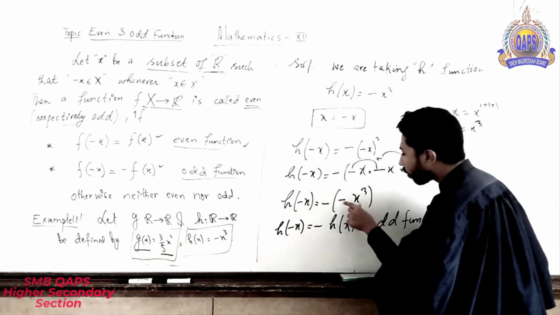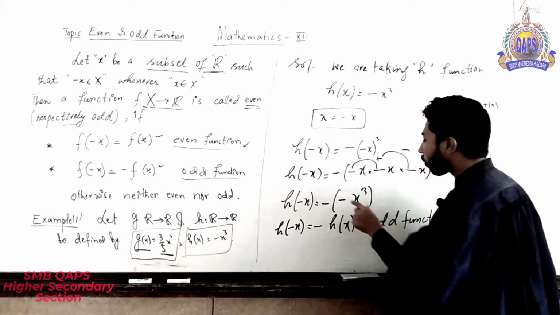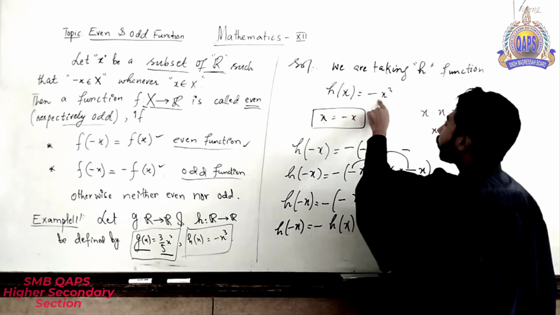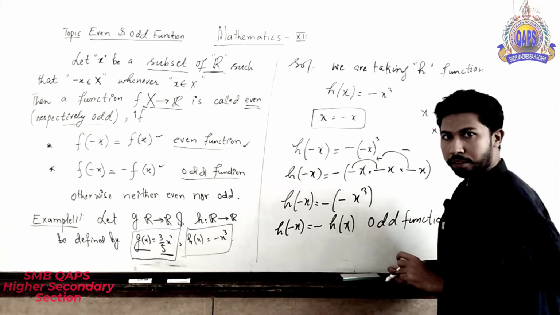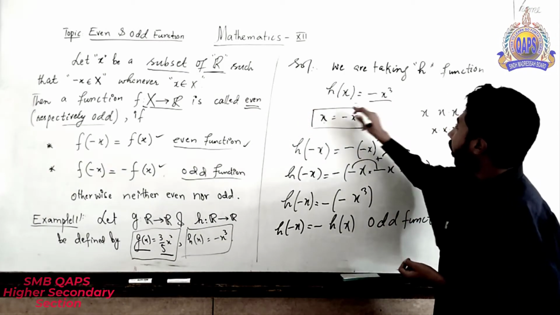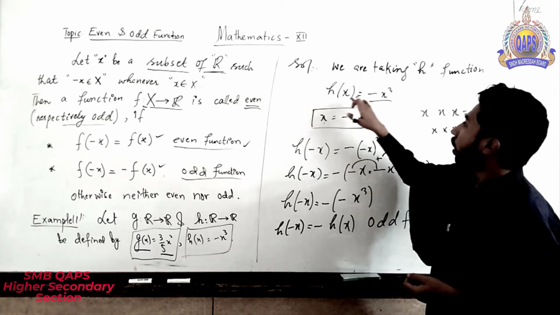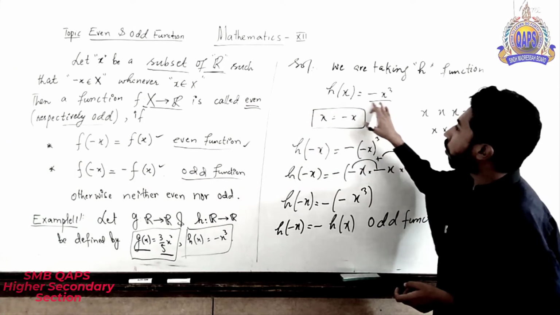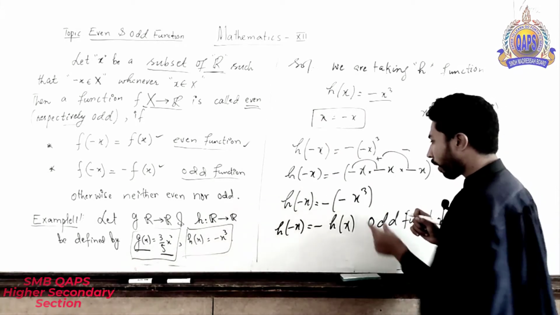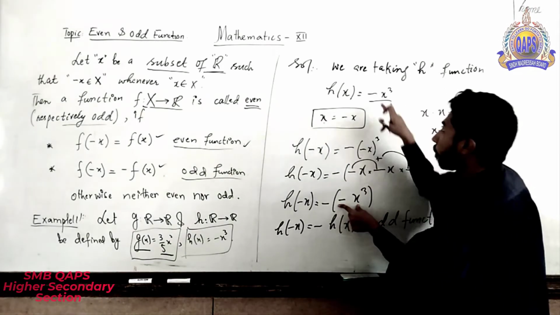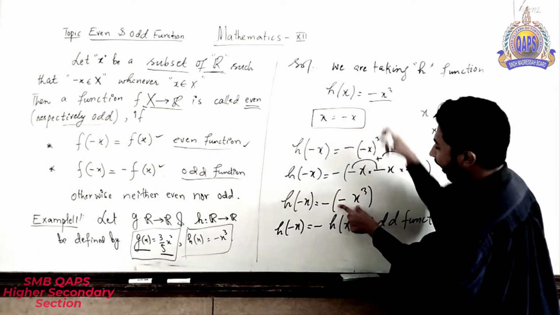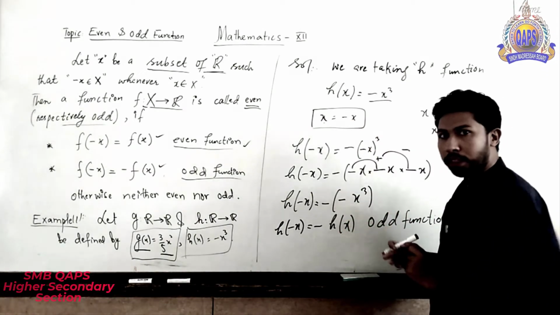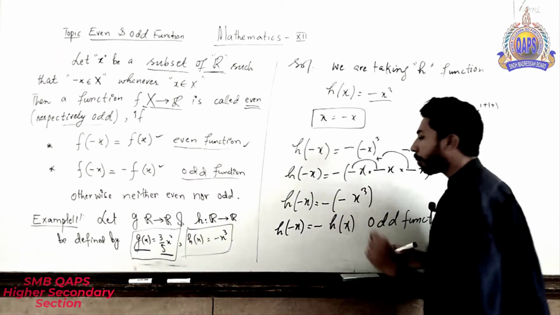When we see that this whole function is equal to h of x, in the place of this function we put h of x only. So negative x cube we put in the place of h of x, and this sign stays the same.